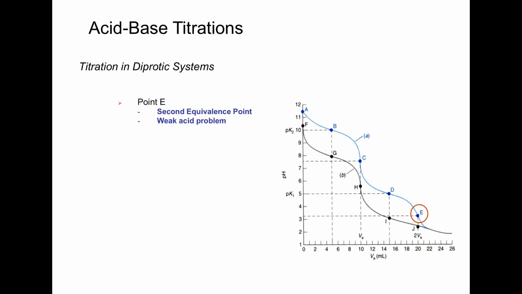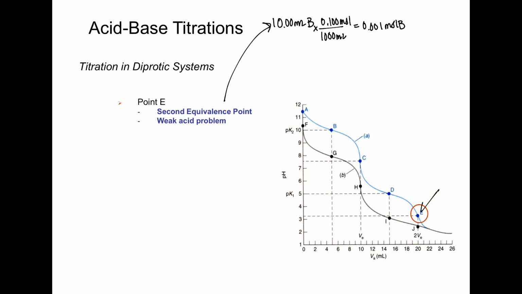Now, if we're trying to figure out how much of the weak acid we've made so that we can do our ice table, I'm going to do a little stoichiometry up here. So we started with 10 milliliters of our base, and its concentration was 0.1 molarity. So if we do that, we get 0.001 moles of base that we started this reaction with.